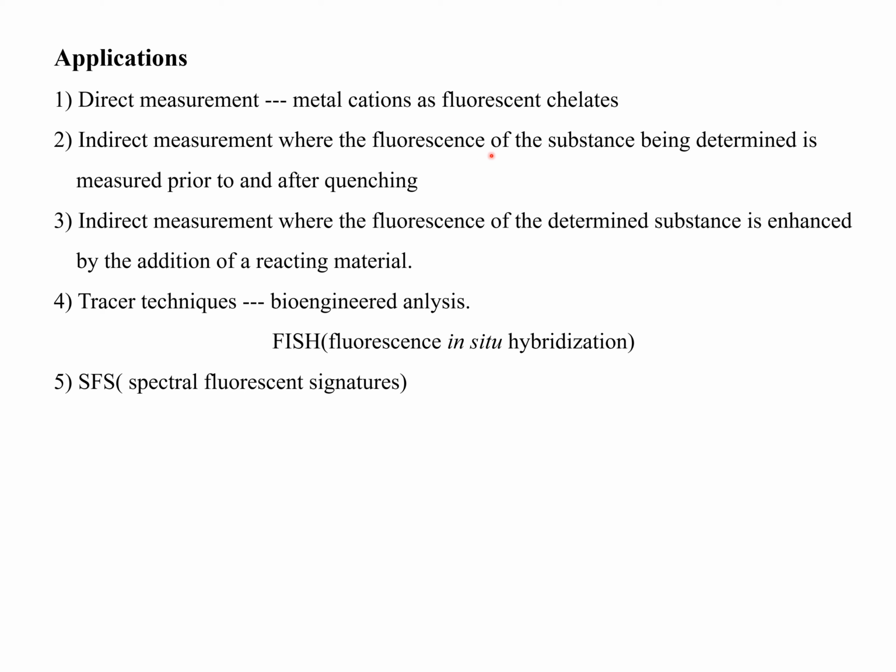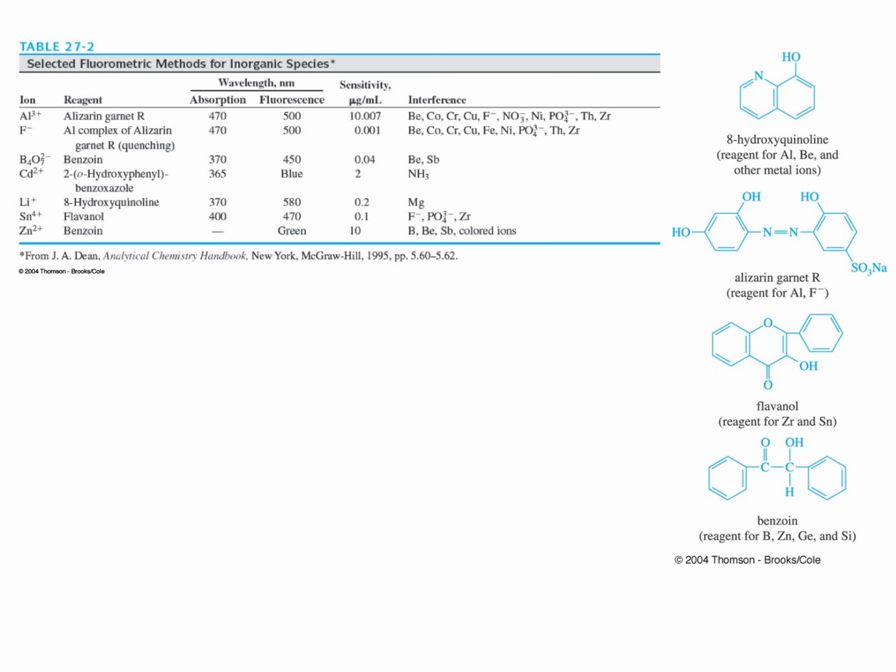Indirect measurement, where the fluorescence of the substance being determined is measured prior to and after quenching. Indirect measurement, where the fluorescence of the determined substance is enhanced by the addition of a reacting material. Tracer techniques, forensic analysis, and spectrofluorescence signatures. Thank you.